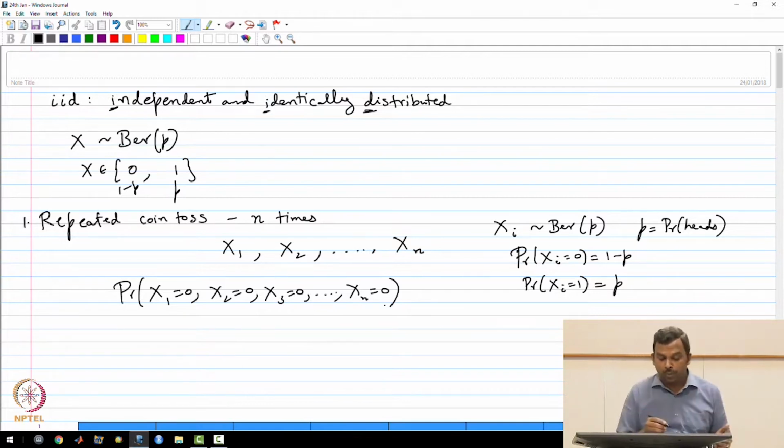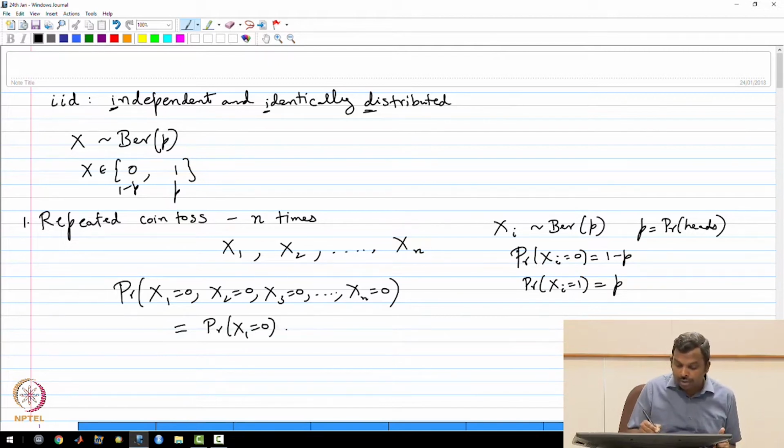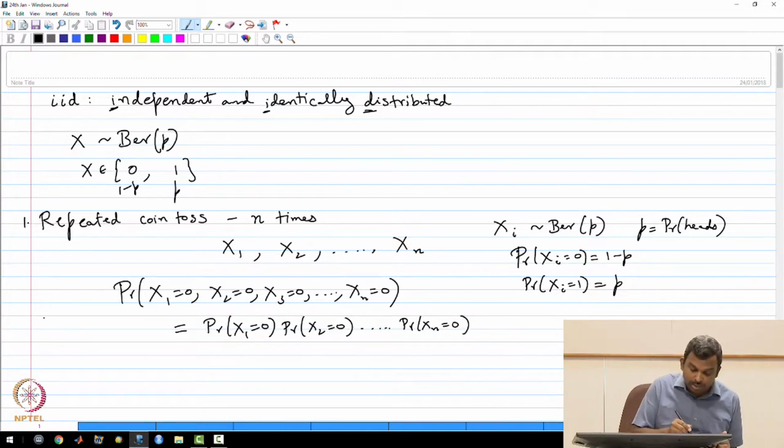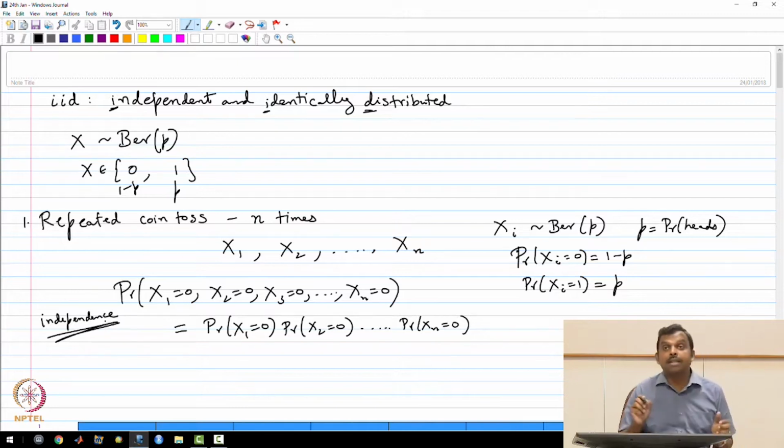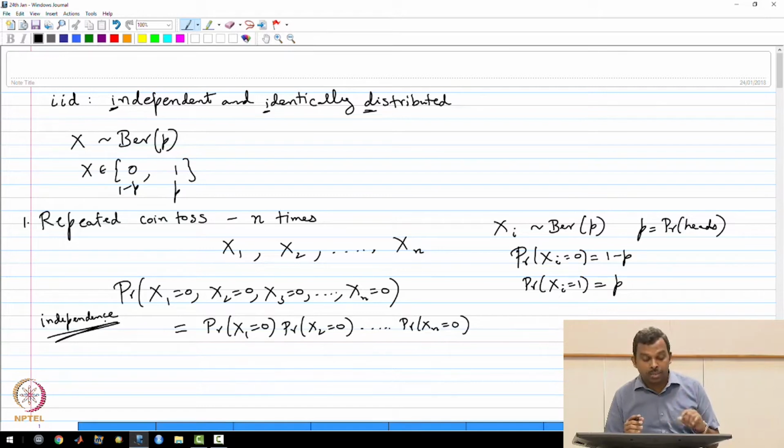Because they are independent, you will have this happening first. Remember once again very clearly, this is because of independence. If the successive coin tosses are not independent, this is not guaranteed. This is true only when they are independent.